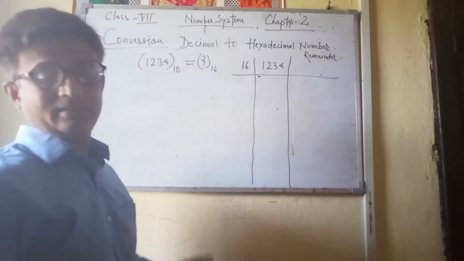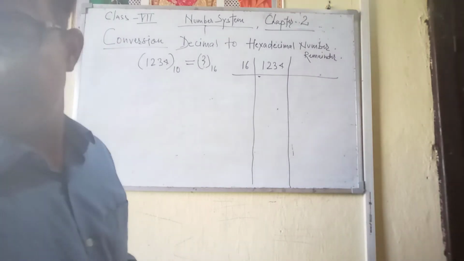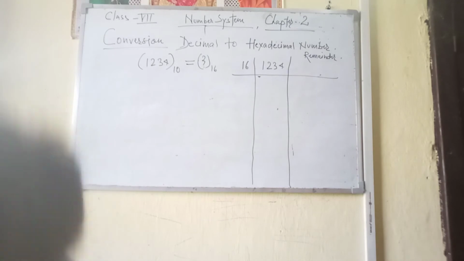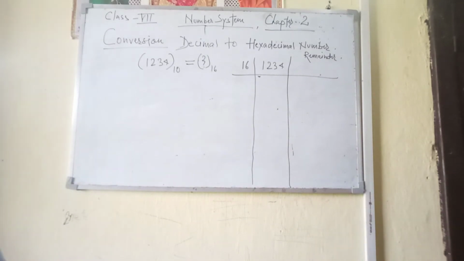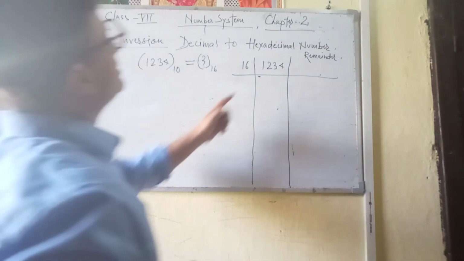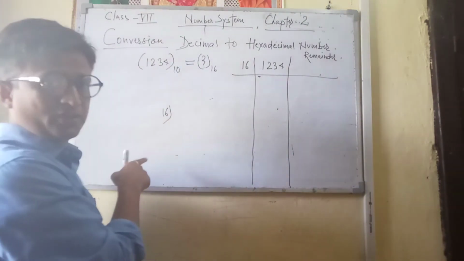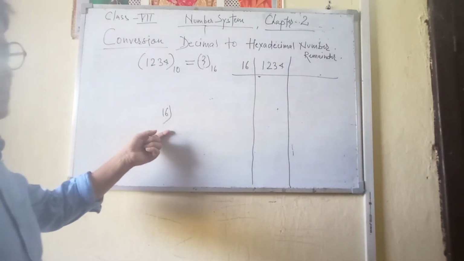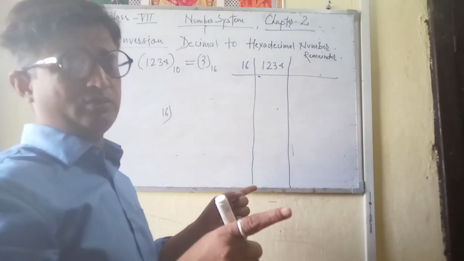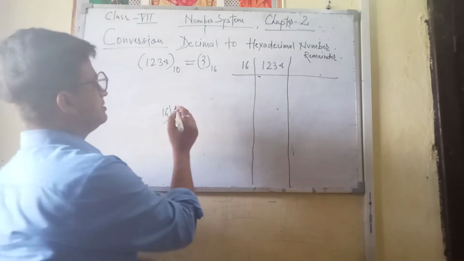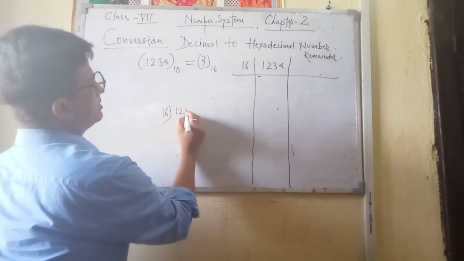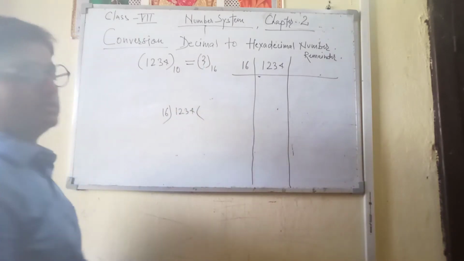Now, 16. Go in your rough copy, you will do all these divisions there, if it is too long, in the rough. 1234 is the number, decimal number.